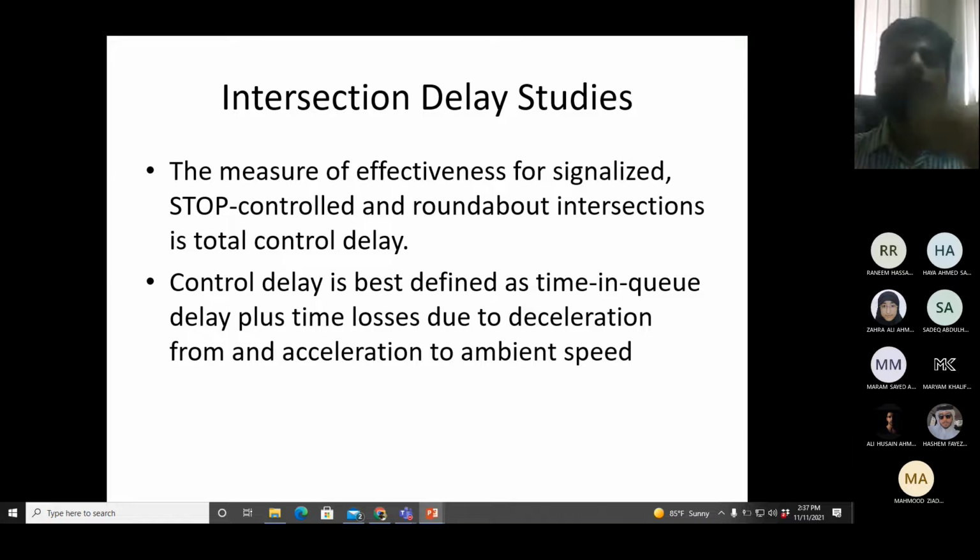This acceleration is also part of control delay, because if there was no intersection, you would not have had to decrease your speed, and you would not have had to increase your speed in the end. So deceleration, then time spent in the queue, plus acceleration back to your original speed or to the speed of your choice. All these are parts of control delay.